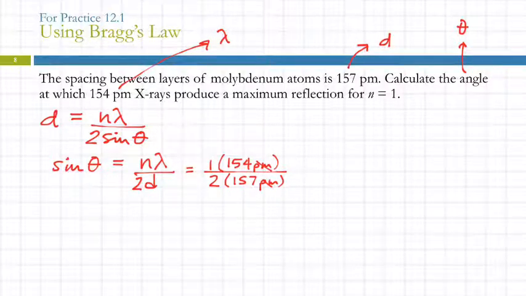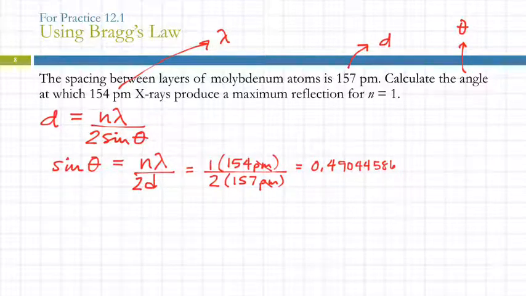So I've got 154 divided by 2 divided by 157, 0.44586, no units. That's what the sine of theta is. And anytime you're using functions like sine or logarithms, keep extra significant figures, okay?